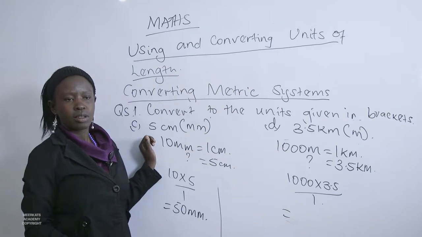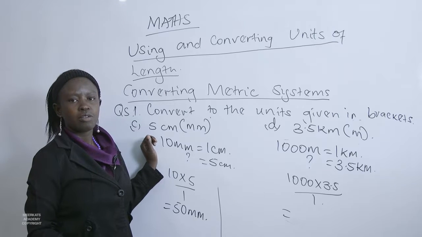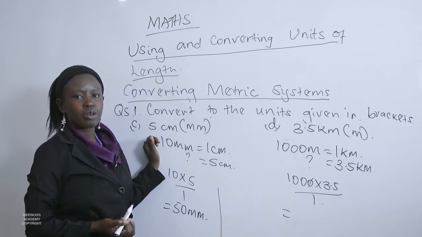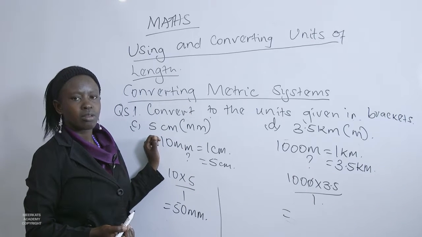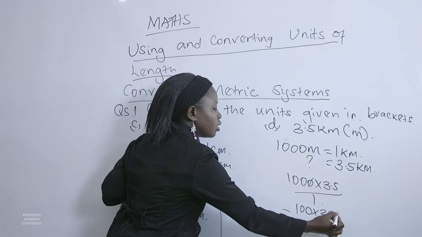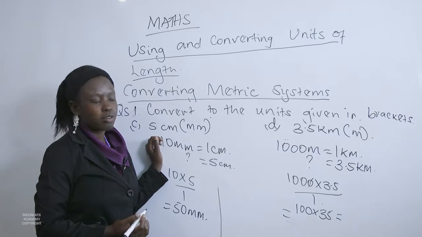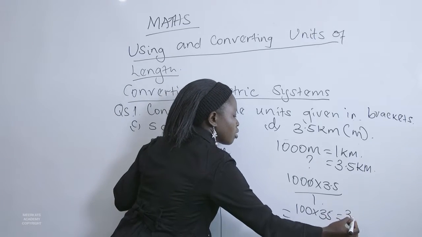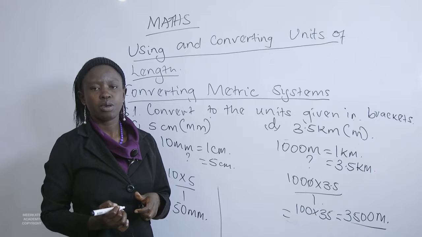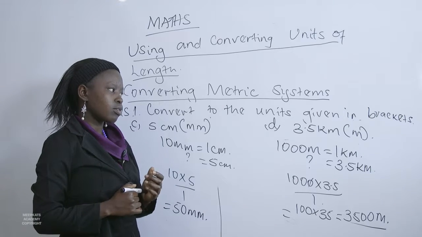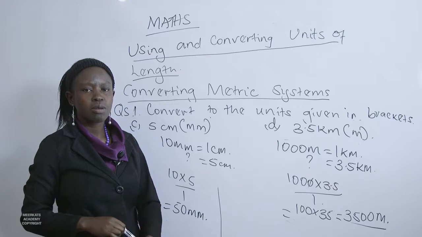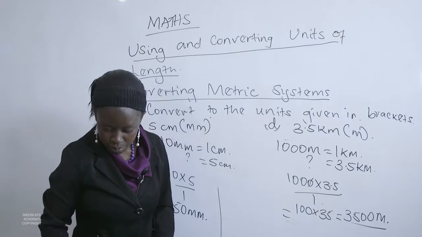And that means that we have one decimal point that will mean that one of the 0 is cancelled out, so that we are left with 100 times 35, and 100 times 35 gives us 3,500 meters. So that means 3.5 kilometers is equal to 3,500 meters.